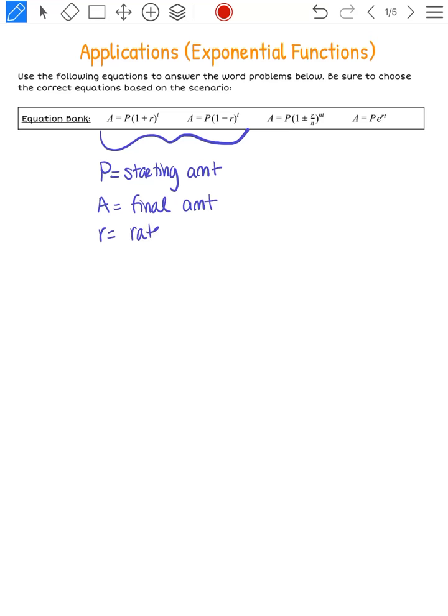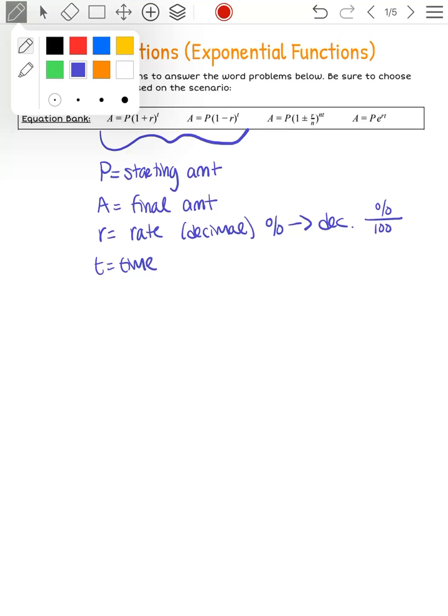R represents the rate, and remember that has to be as a decimal. So if we are given a percentage, we're going to need to convert it to a decimal, and we can do that by just taking the percent and dividing by 100. And T is going to be time, and it might be in years or in hours or in days, but that would be explicitly given in the problem.